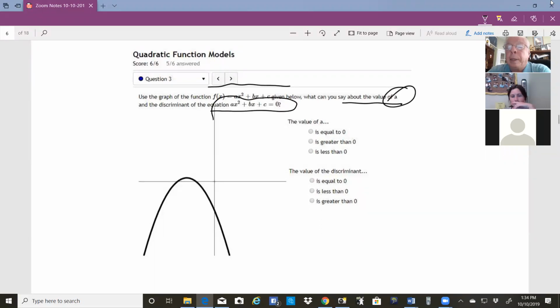Well, what is a going to be? Is it going to be negative or positive? It's opening down, right? So a is less than 0.